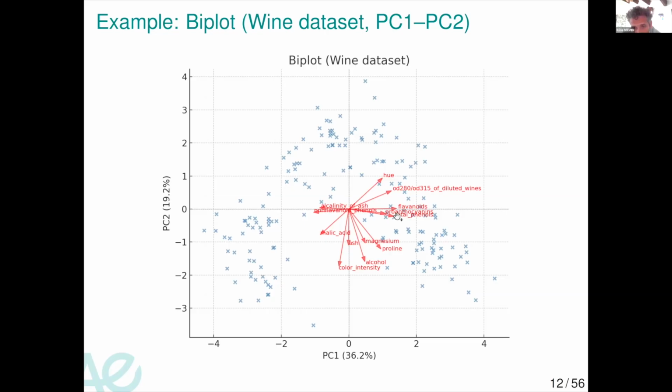That has a really high weight on the first axis because the arrow is really high here. And it has nearly the same impact on the first axis as the proanthocyanins and the total phenols.